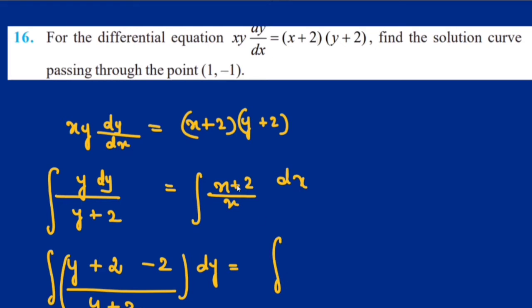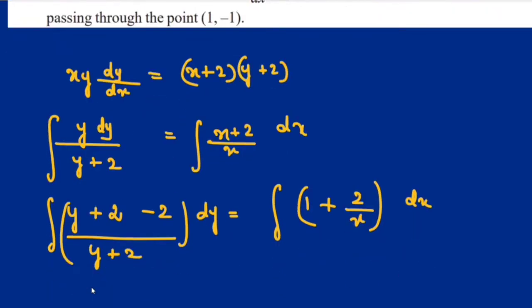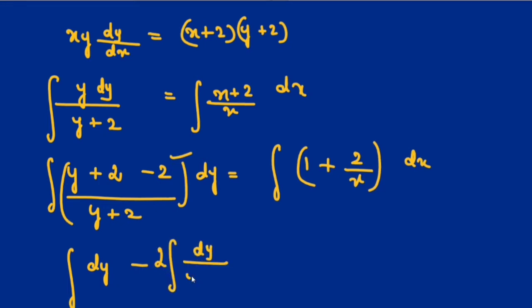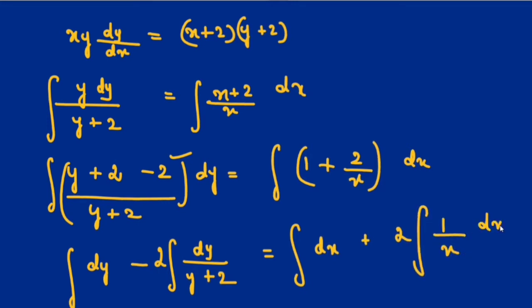So this you can easily do. dx by x is 1 plus 2 by x dx. So now here separate them. y plus 2 group as one term. So y plus 2 by y plus 2 will give you 1, that is dy, minus 2 divided by y plus 2, is integral of dx plus 2 into integral of 1 by x.